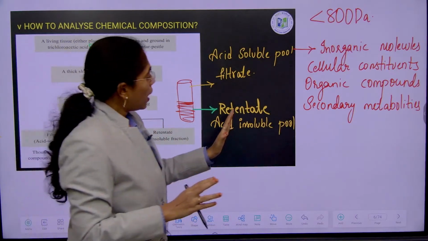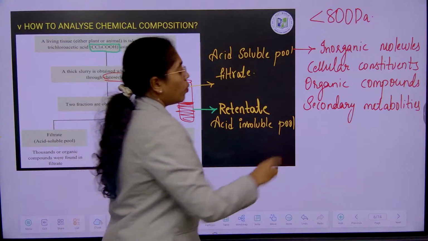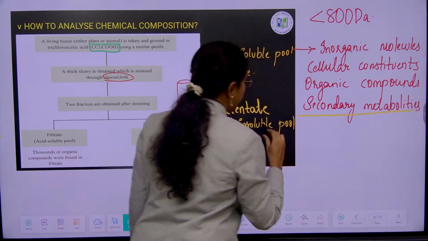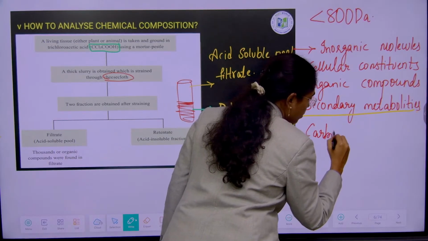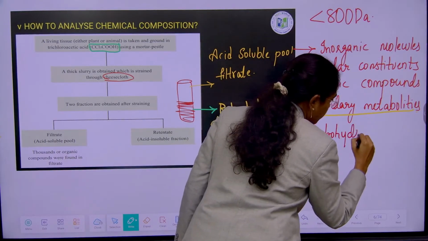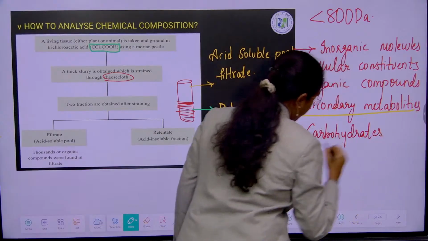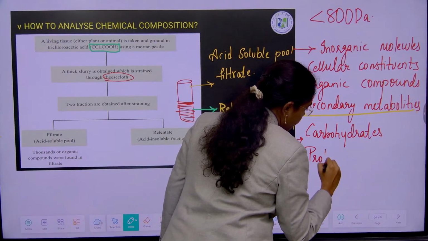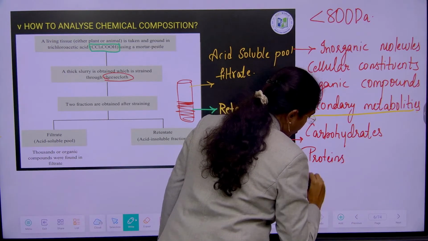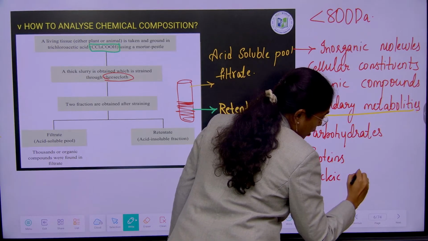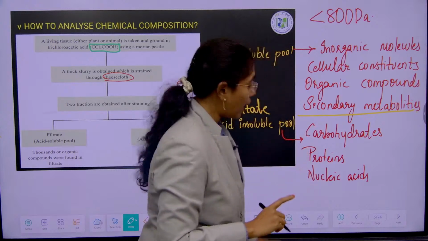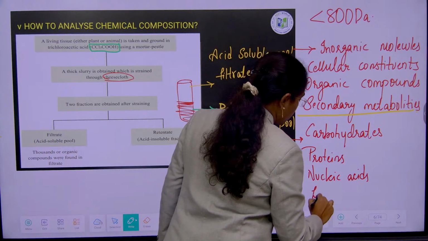In the acid insoluble pool, what are the molecules that are obtained here? Carbohydrates, proteins, nucleic acids, and lipids are also visible in the acid insoluble pool.